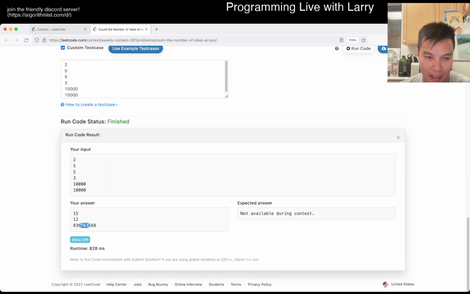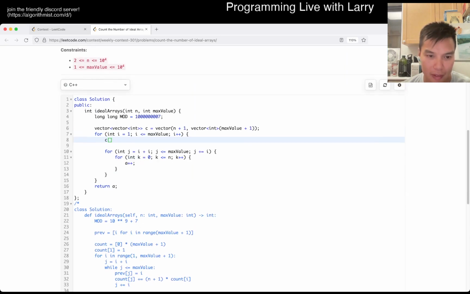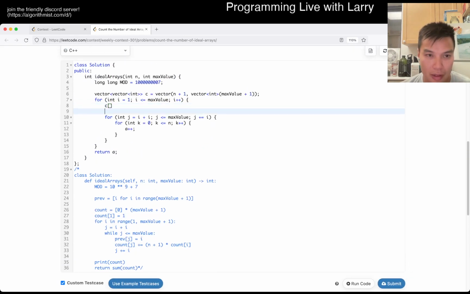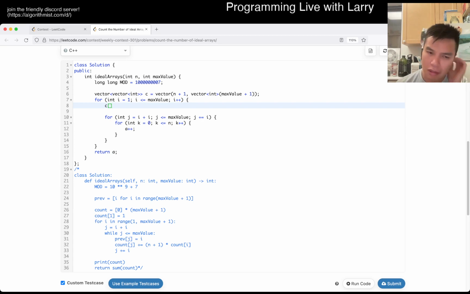This is actually ridiculous that this is even fast enough. Maybe I should have done that earlier. At least give it a YOLO try. I don't know how to do it though, to be honest. Maybe I should have tried this earlier.